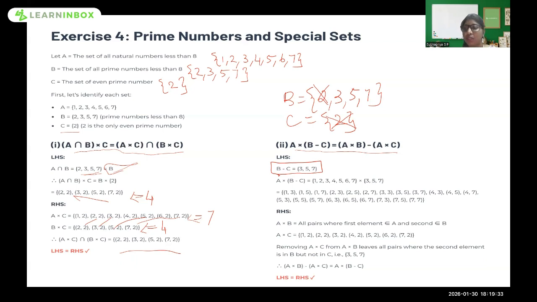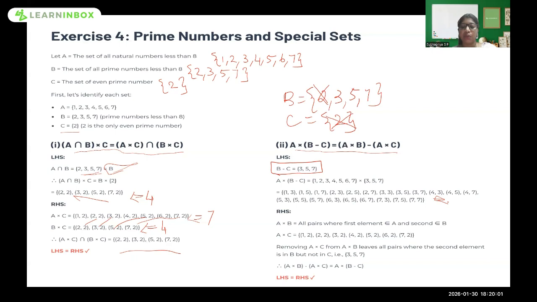Now, as usual, A cross B. So, in A, there are 7 elements, and in B, there are 3 elements. So, we will be getting around 21 elements, right? So, all the 21 elements are being given over here. Then, moving on with the RHS, A cross B and A cross C have to be found out, which we already know.